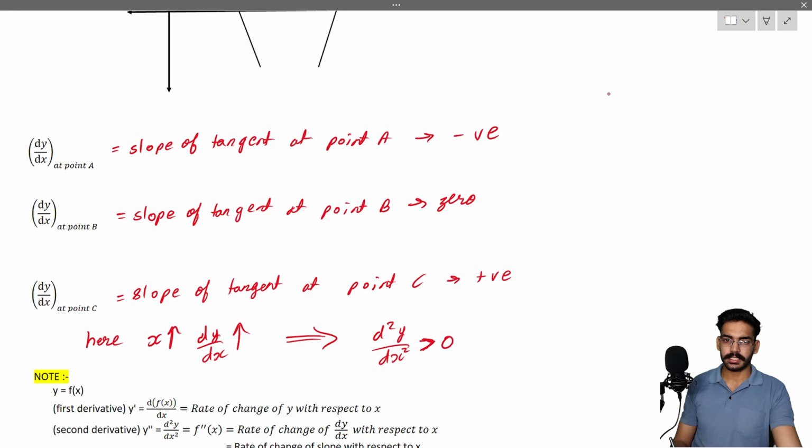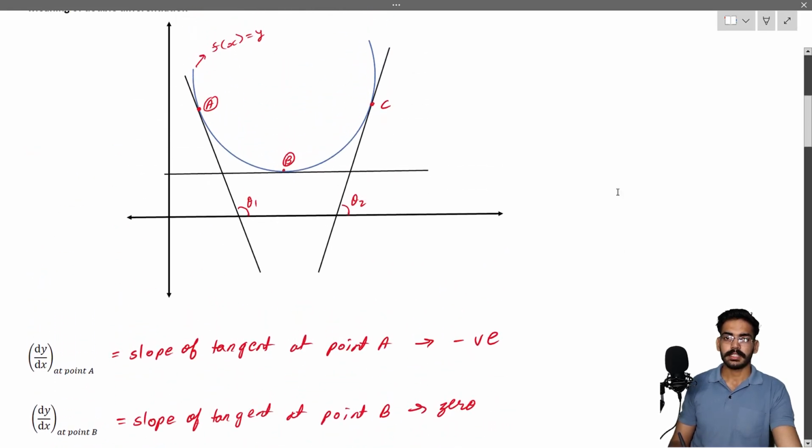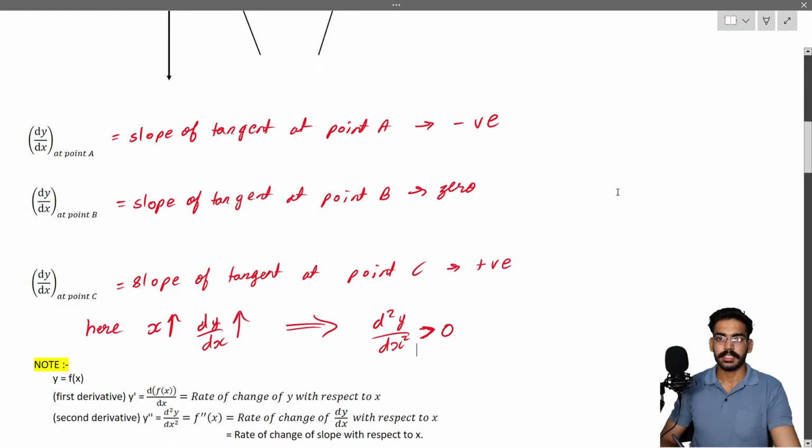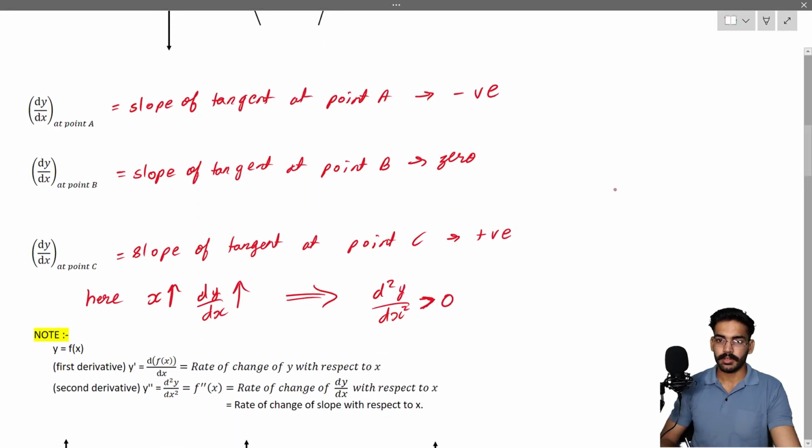How did I say this? If you remember from the first derivative, we said that if the first derivative is positive, then on increasing x, y will increase. While increasing x, y will increase if the slope is positive. Here I'm saying it in reverse: if x is increasing and dy by dx is increasing, then the differentiation is positive.